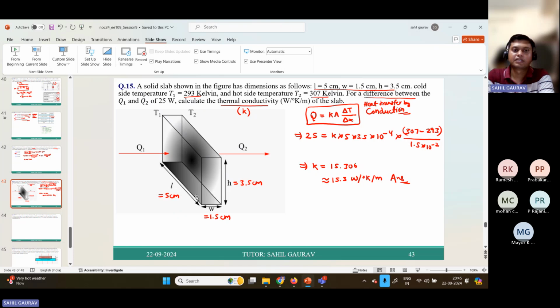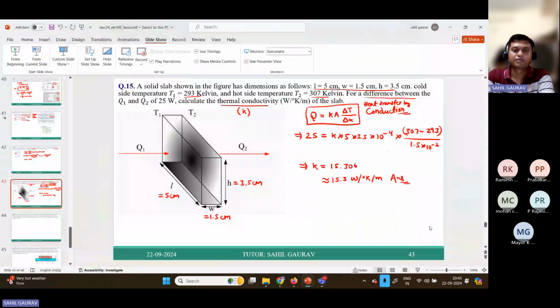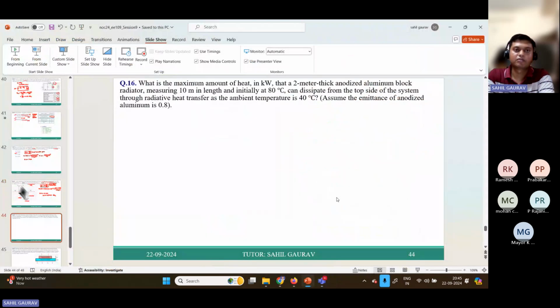The contact surface is this length into height, while the width is not part of the area for the heat transfer. So for surface area, we have to consider this length into height. So let us see the next problem.